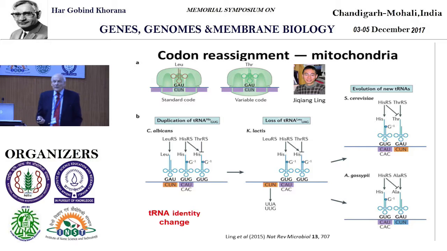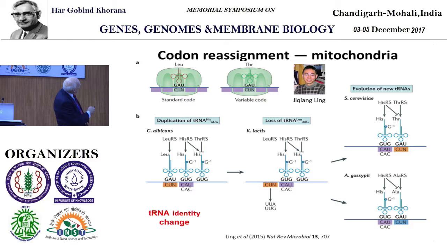It was known already for the last 40 years that yeast mitochondria are missing 4 leucine codons. The CUN leucine codons are missing, and in Candida albicans, there's leucyl tRNA synthetase, and these 4 codons are there, and there's a duplication of HisRS, and this is what you see.